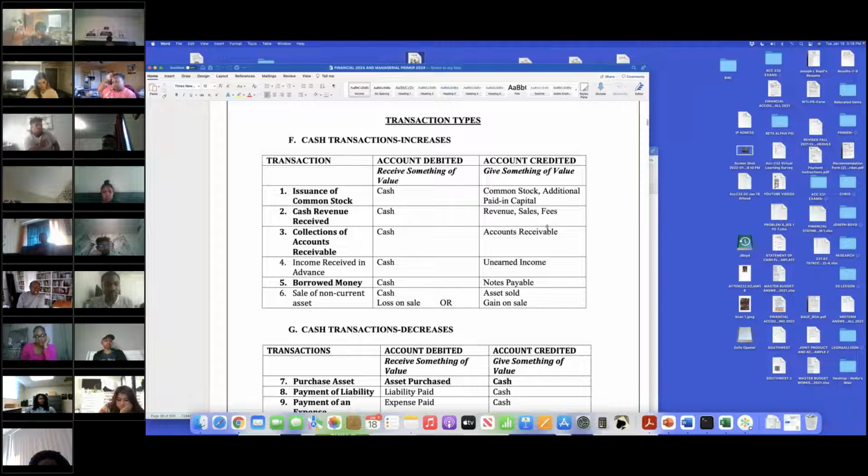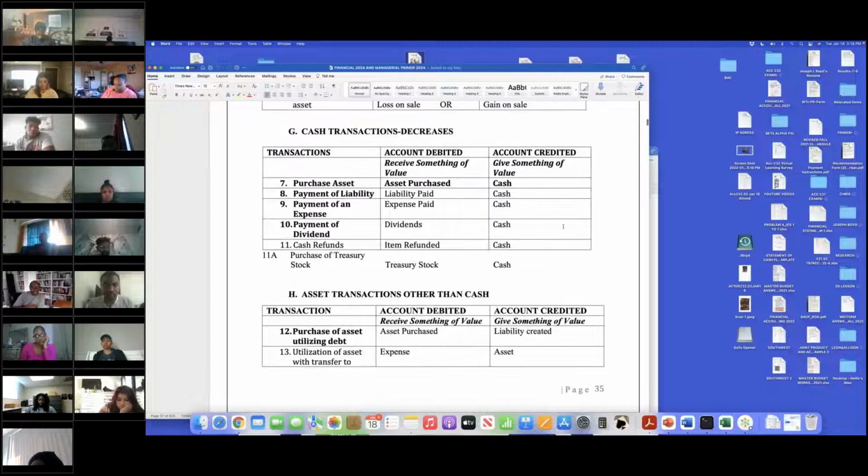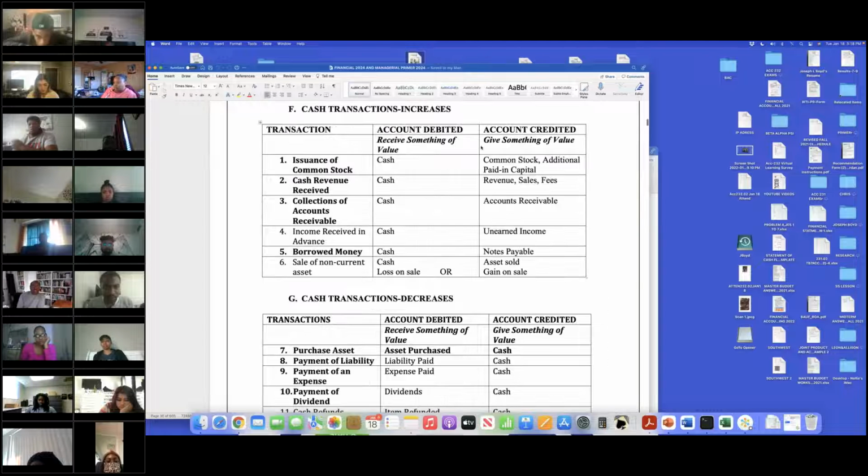And there are 20-some transactions, about 21 or 22. In our first 6 transactions, cash comes into business. So whenever cash comes into business, we debit cash and credit common stock.